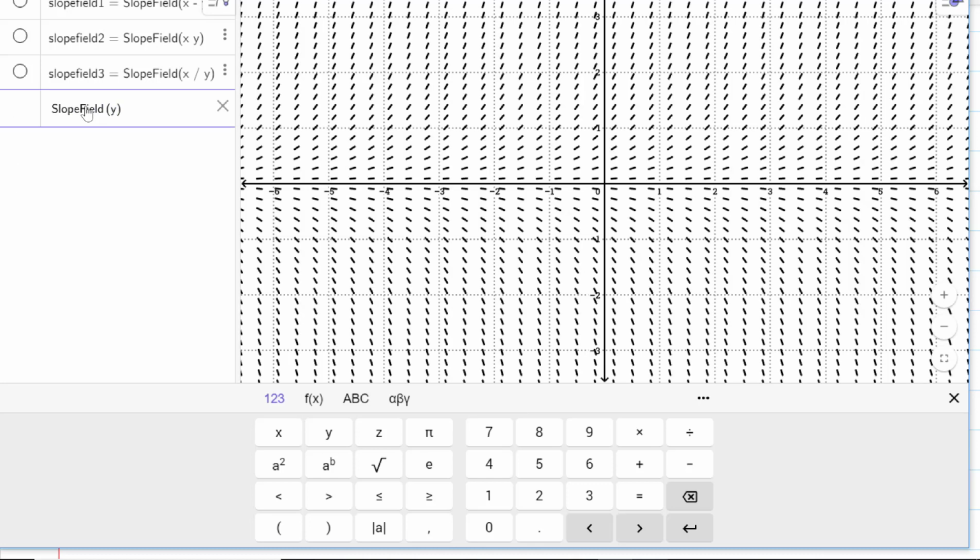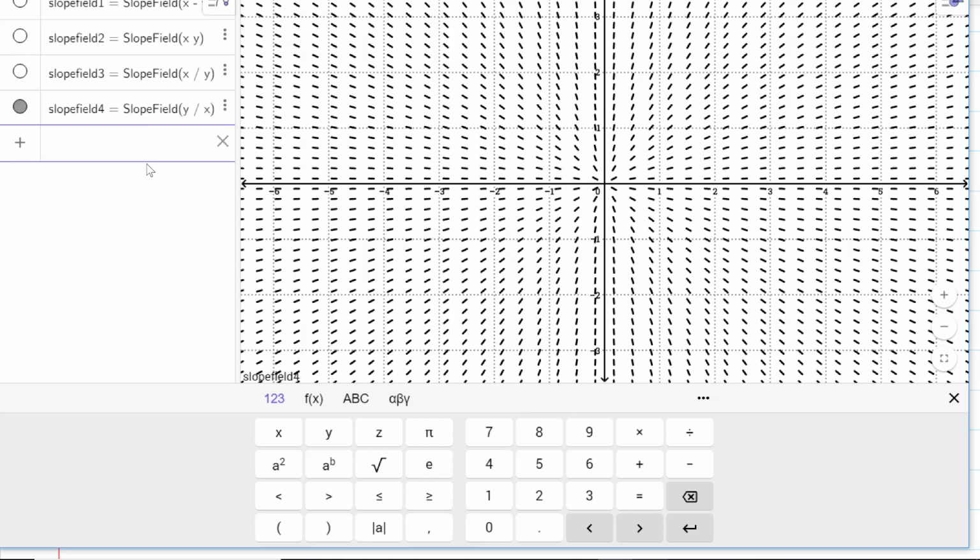And we're going to get y divided by x. And you can see how around the x-axis, the slopes are 0, and around the y-axis, the slopes are undefined. If you would like to determine these values in the quadrants, all you have to do is pick an x, pick a y, plug them in, and then plot the slopes.